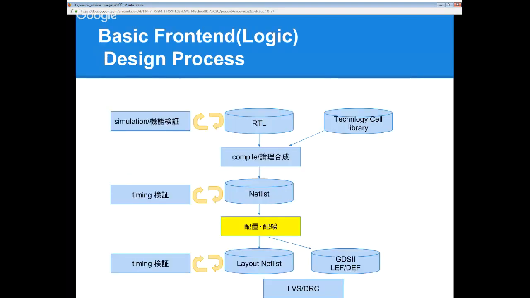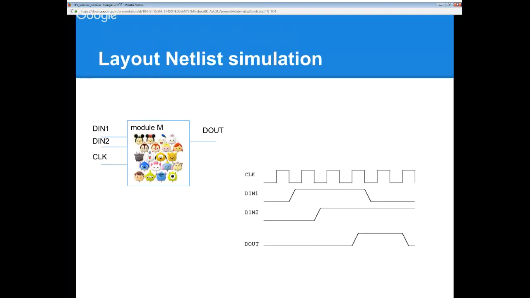Then we will do place and route. It's almost the same, but each cell is placed in some specific place. That means some blocks are placed very far from others, so the wire might be very long.